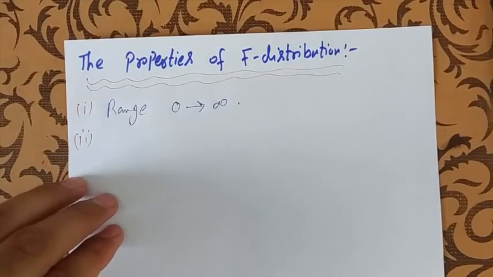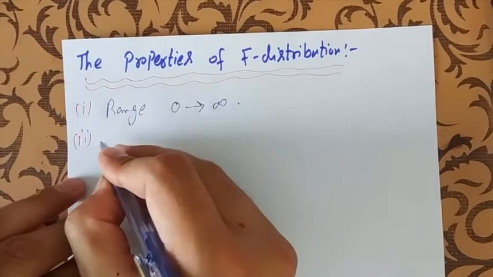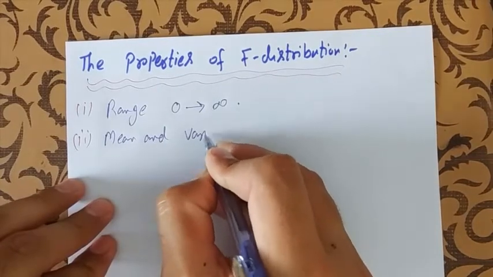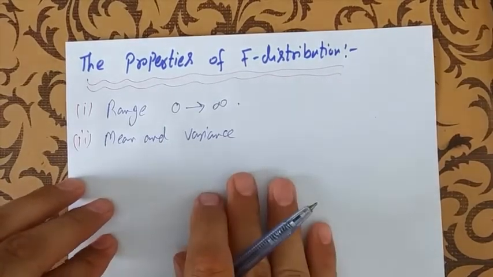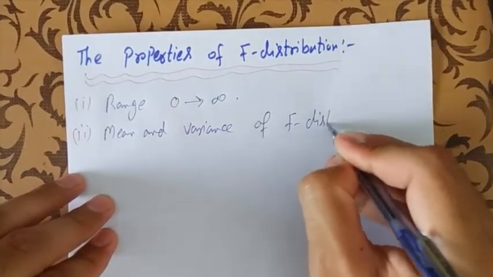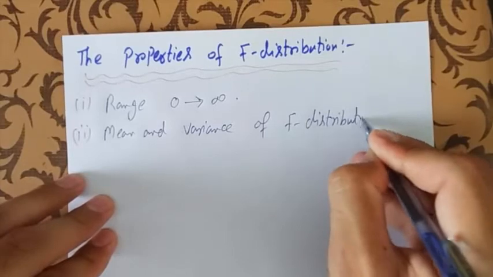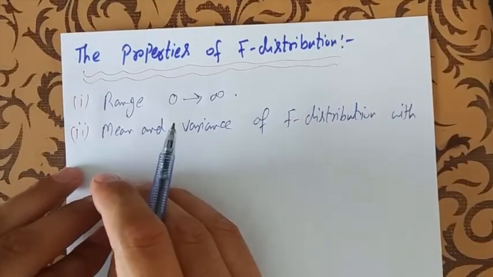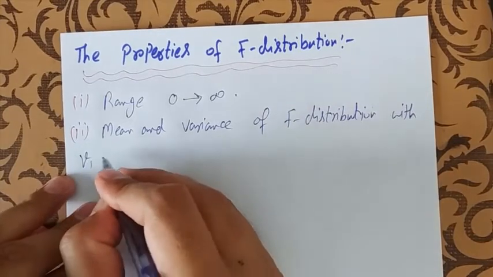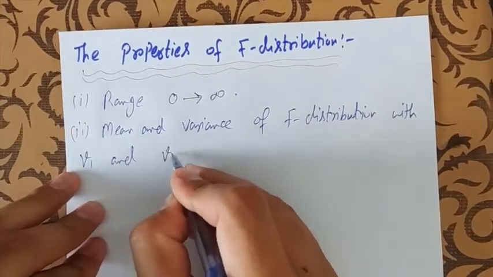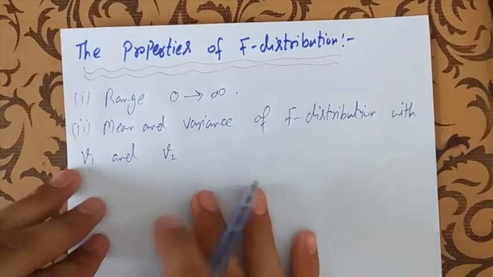Second one is the mean. Also find out the mean and variance of the F distribution with mu 1 and mu 2, where mu 1 is the degree of freedom for one sample and mu 2 is the degree of freedom for the other sample.